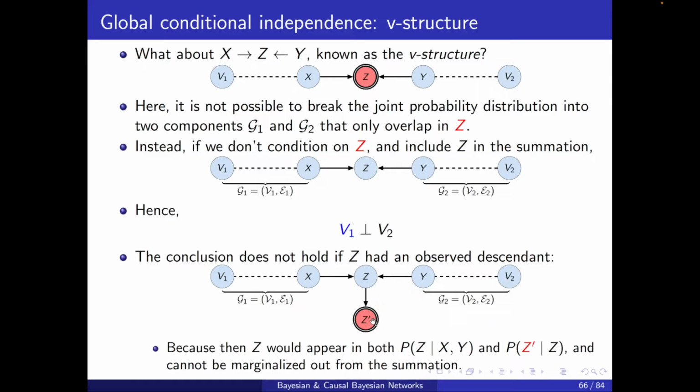Because then Z would appear in both P of Z condition on X and Y as before, but also I would have this additional term, P of Z prime condition on Z. So when I'm writing down P of Z, I will have this term, but when I'm writing down P of Z prime, I will also have this term. And this cannot be marginalized out from the summation.